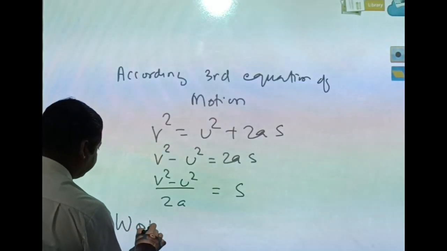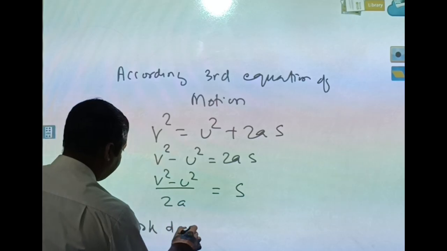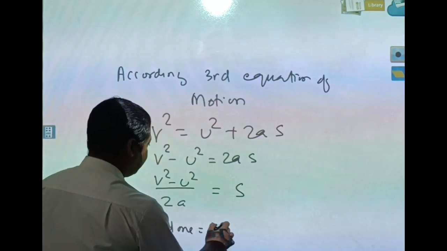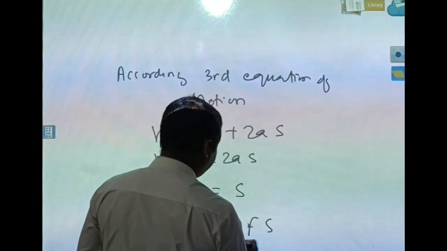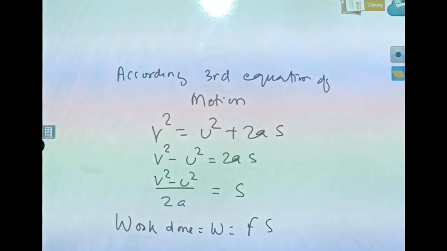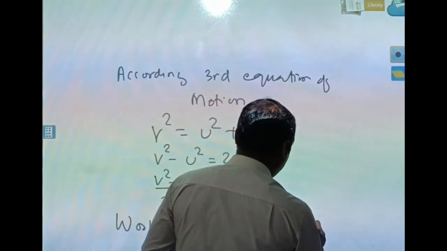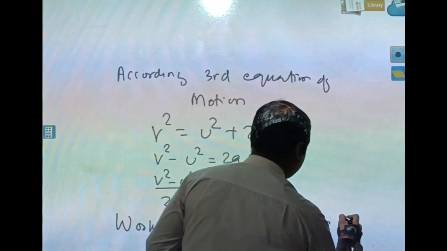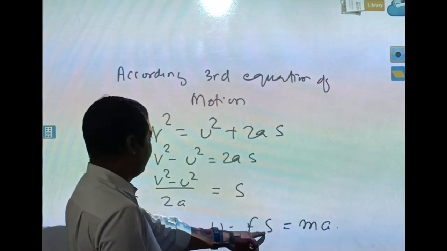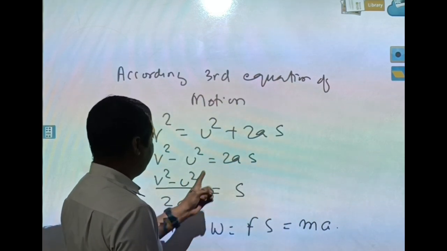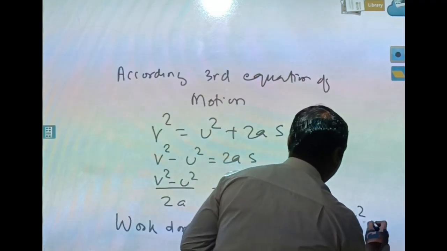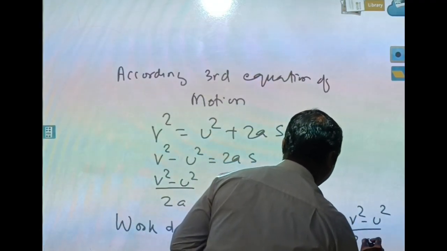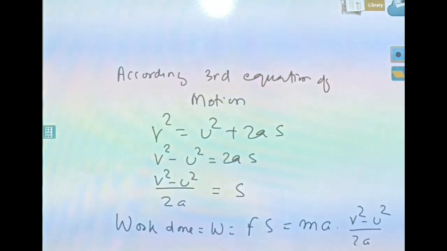W equals Fs. F can be written as ma, and s can be written as, I am putting the value of s from the third equation, v square minus u square by 2a. Is it visible to you?